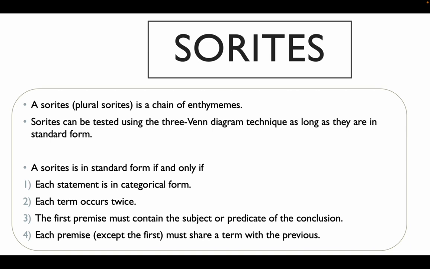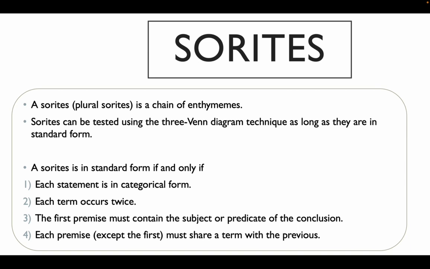Now, in this particular case, Sorites are chains of syllogisms that are missing a conclusion. So your job when you test a Sorites is to derive the conclusion. You have to make that inference. You have to find the conclusion.